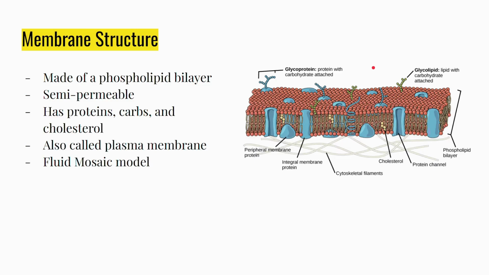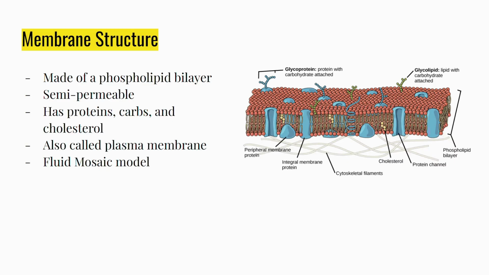So the membrane exists in the fluid mosaic model. It's called the fluid mosaic model, fluid, because the proteins are constantly moving or flowing within the lipid bilayer, so they're not set into a specific place. They can move around.